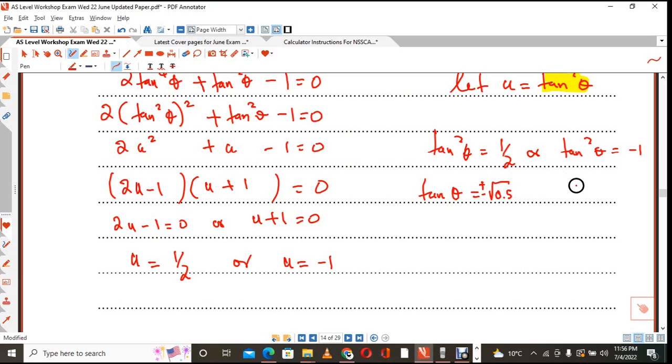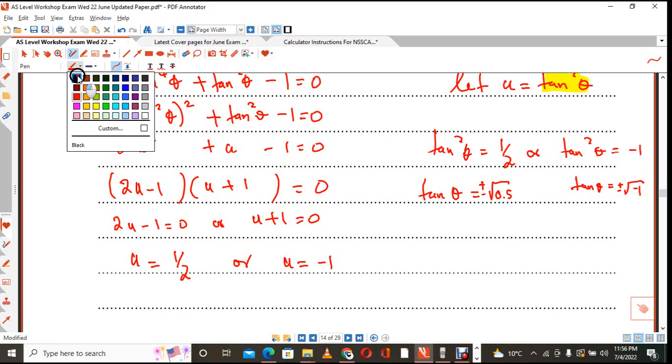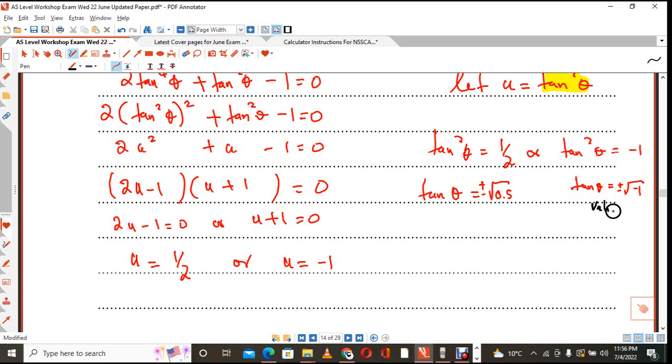But in this particular case, it will not work, because you can't take the square root, whether positive or negative, of a negative number. So this particular one is therefore not going to be valid. So it's invalid.